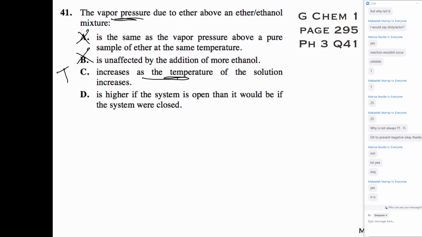And then finally, your pressure is higher if the system is open than it would be if we're closed. Misnomer. It's just if it's closed, it's trapped. If it's open, it can leave and it can re-evaporate. So that's false. Either way, vapor pressure is independent of open or closed system. It's just a matter of if we have a sealed system, we can trap the vapor and retain our fluid. Okay.